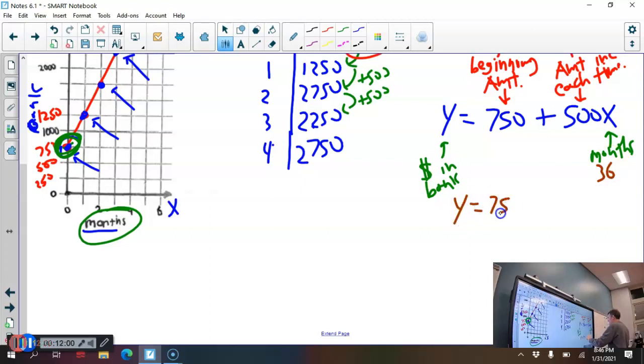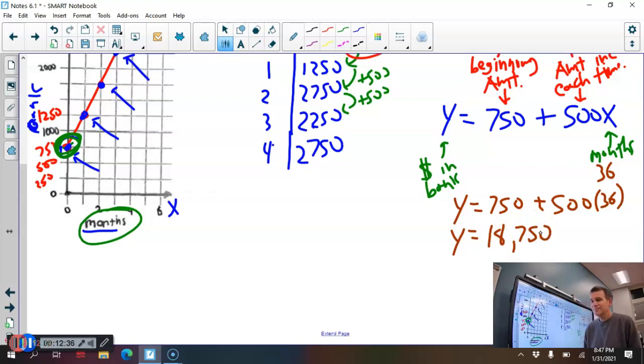So they could say, well, I started with $750 and I'm adding $500 for 36 months. And they replace the x, which is how many months, with 36. And then by doing the arithmetic, they can calculate how much they will have after 36 months. So that would be 750 plus 500 times 36, and they would have $18,750. They can afford to buy a pretty good car for that, right?